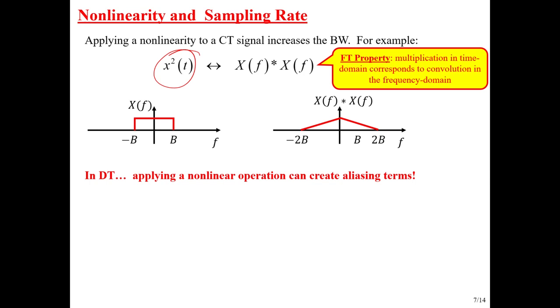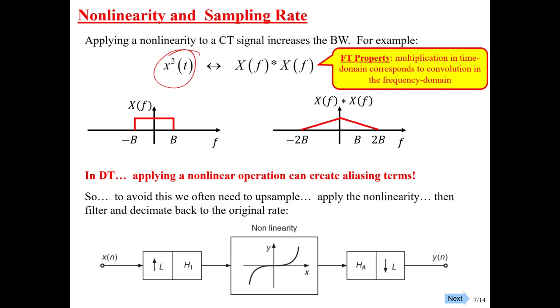So applying any nonlinear operation inside a discrete time system can and pretty much will create aliasing terms, and those are probably not going to sound good. So to avoid those, remember we studied multi-rate signal processing back in Unit 1, where we could upsample.